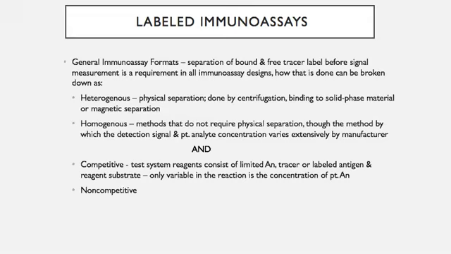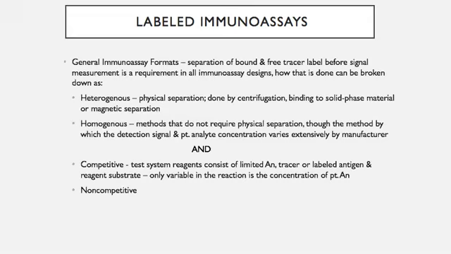Then you've got a labeled tracer antigen that competes with an unlabeled patient antigen for a limited number of binding sites for the antibody. So the concentration of the labeled analyte is in excess to make sure that all of those binding sites on the antibody are going to be occupied whether or not the sample antigen is present.